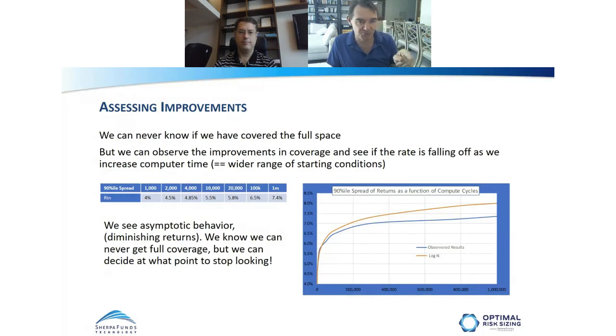But this real, practical experiment plots the blue line, and that lets you ask: is there any point going from 200,000 to 1 million compute cycles? Well, maybe it's worth going from 200,000 to 400,000. Is it worth going from 400,000 to 800,000 or 1 million? Maybe not.